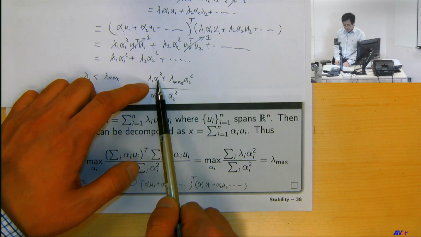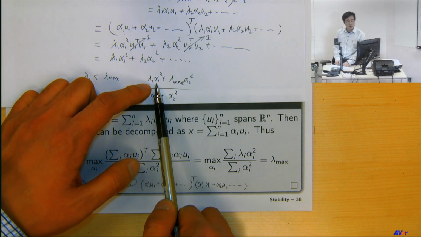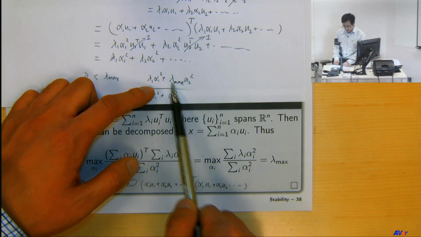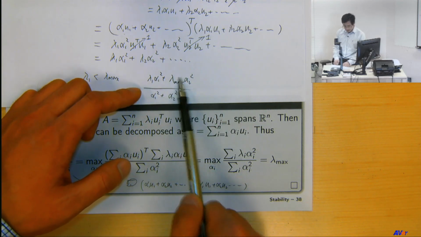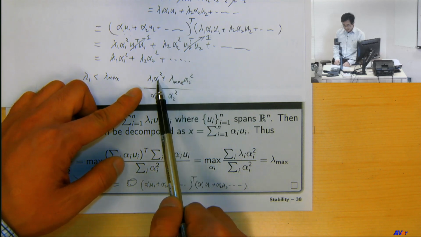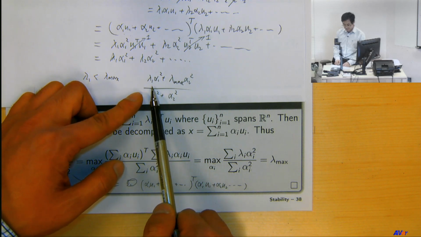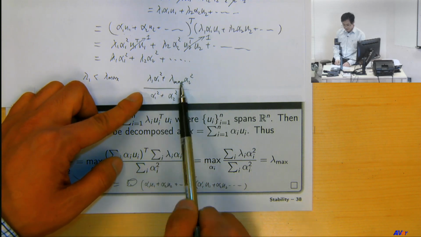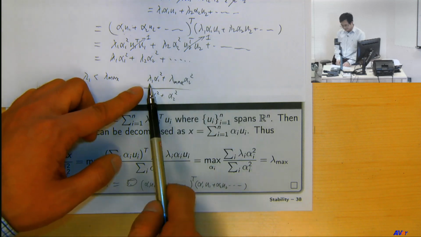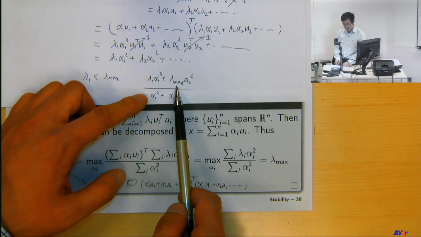If you pick alpha 1 to be 0, then you get lambda max out of this. If you pick alpha 2 to be 0, then you are selecting entirely lambda 1. And if you pick in between, it's going to be some number between lambda 1 and lambda max.